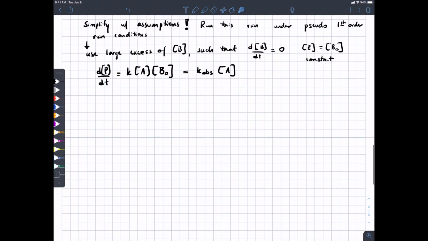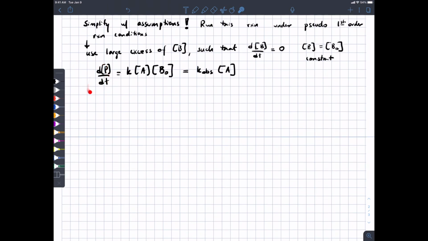All right, so how would you measure the rate of appearance of product P as a function of concentration of A?